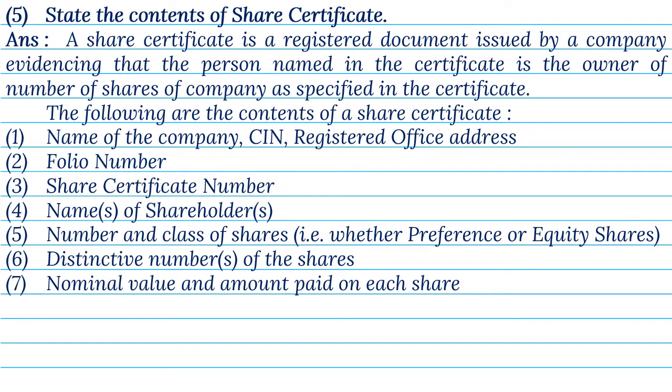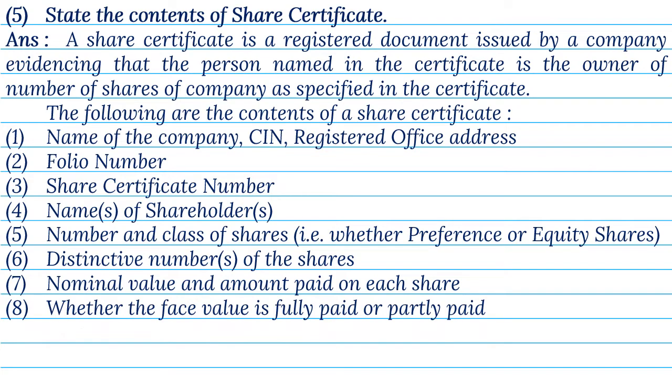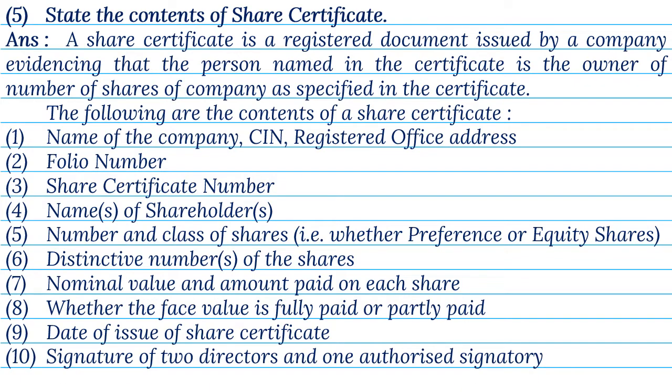Nominal value and amount paid on each share. 8. Whether the face value is fully paid or partly paid. 9. Date of issue of share certificate. 10. Signature of 2 directors and 1 authorized signatory. 11. Common seal of the company.